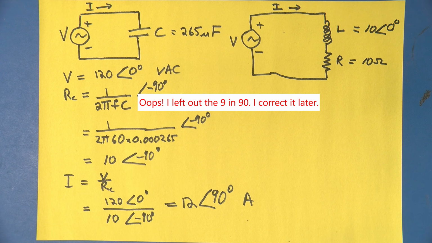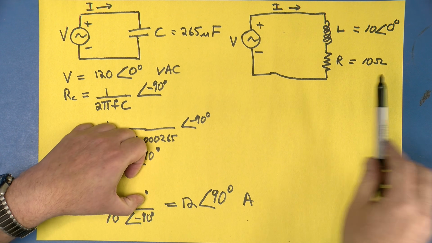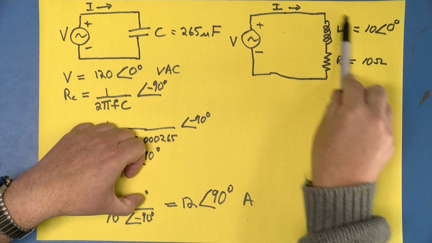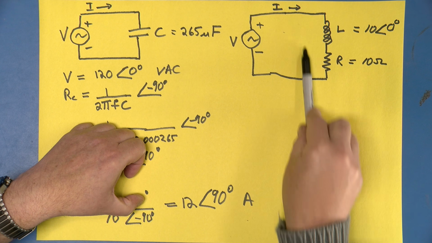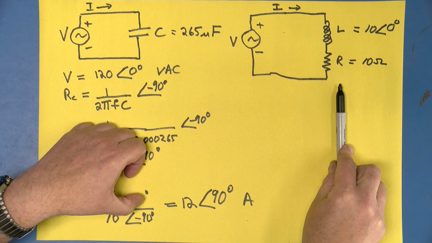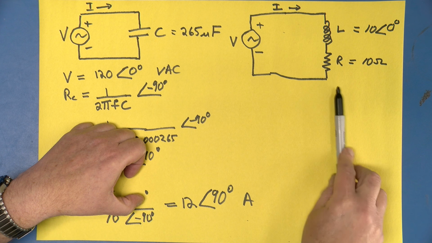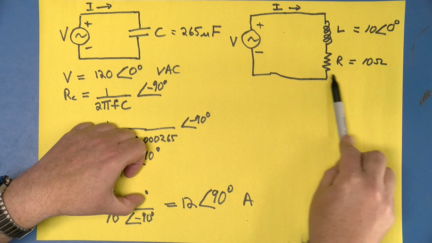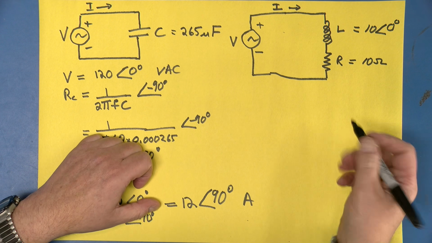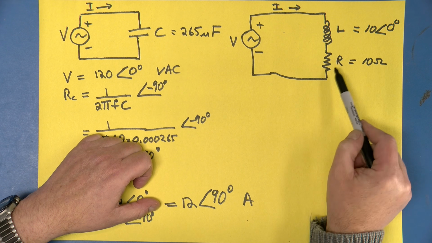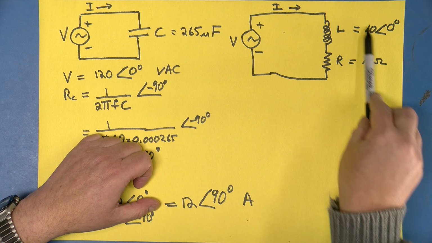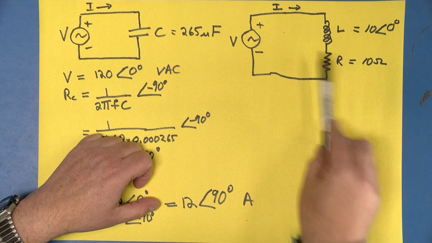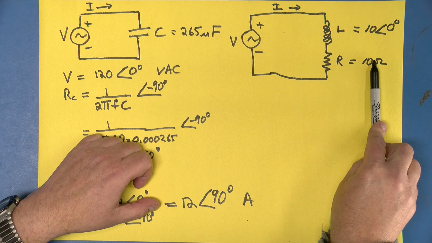All right, so what's the rule when we have a couple of resistances in series for DC? We add them. Well, it turns out we can do exactly the same thing here. And the total resistance, the total impedance, I should now say, is simply the sum of these two things.